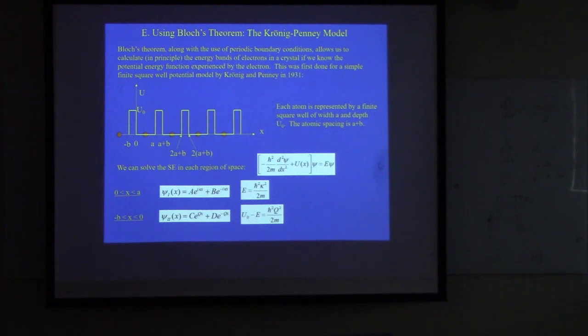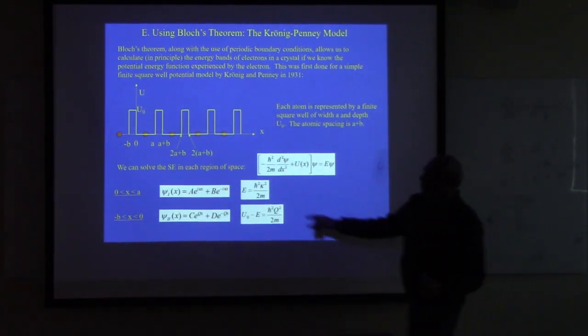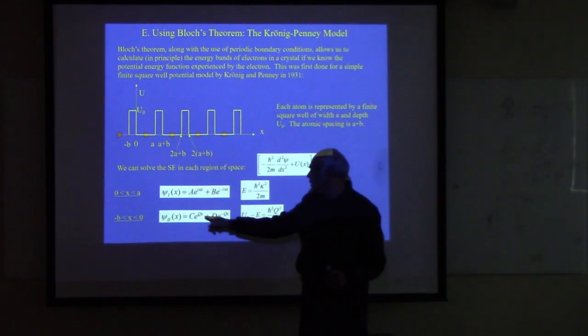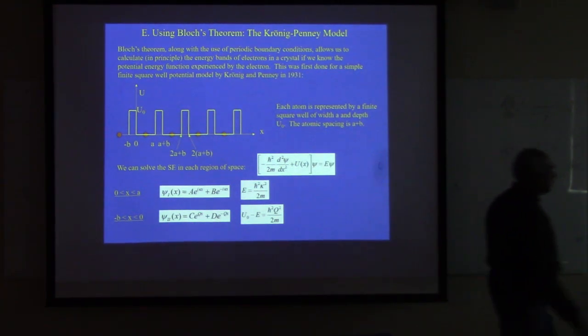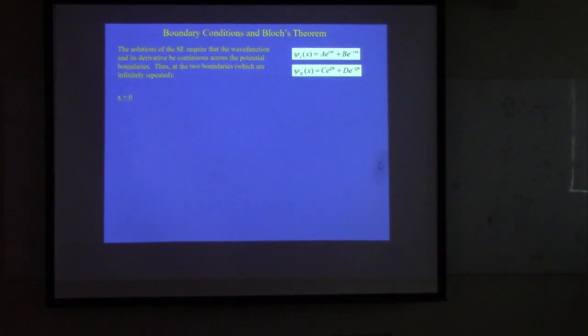Now if you do that, what do you get? First one is very easy. If I put x equals 0, this becomes a plus b equals c plus d. This first equation is straightforward. So these are the two equations, right? Is that clear for everybody?